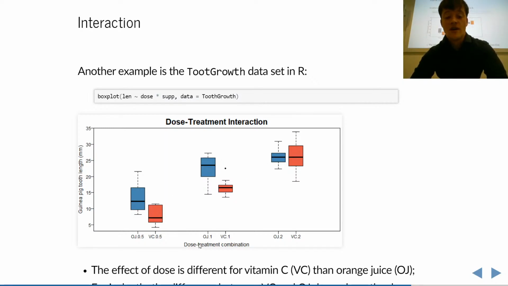So in other words, the difference between supplementation method depends on the dosage. And you can also flip that around. This reasoning works in both directions. The effect of concentration is different for these two. This one plateaus much earlier than the red group. So the effect of one depends on another.